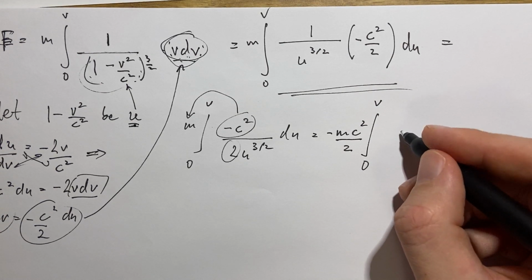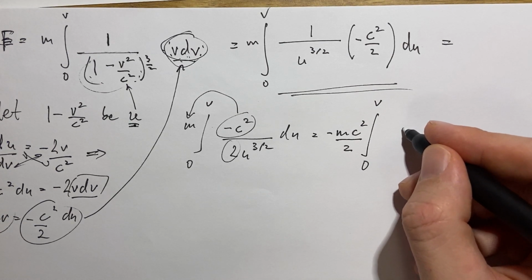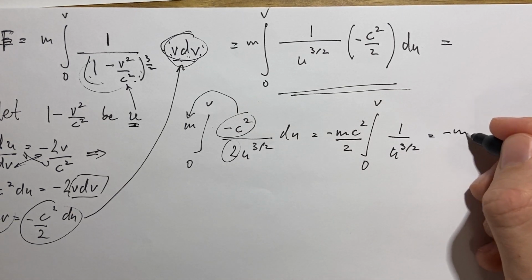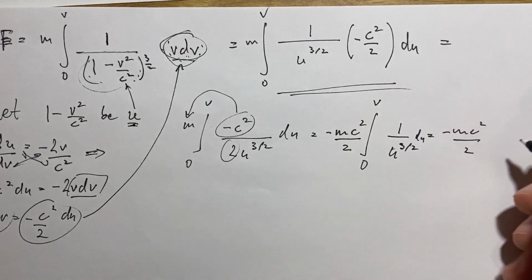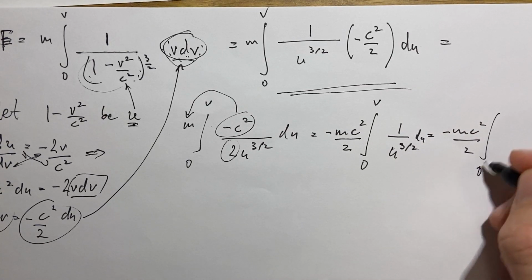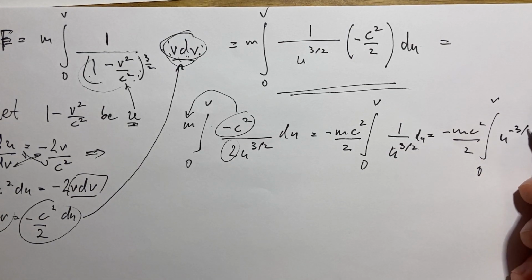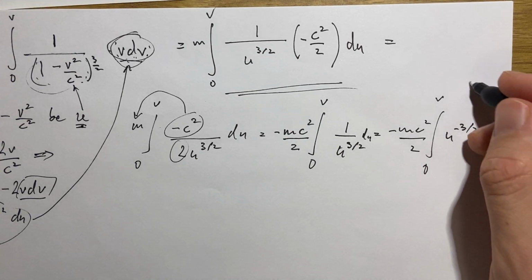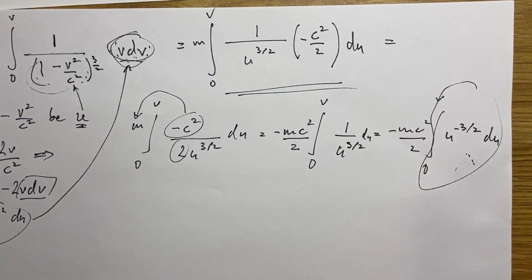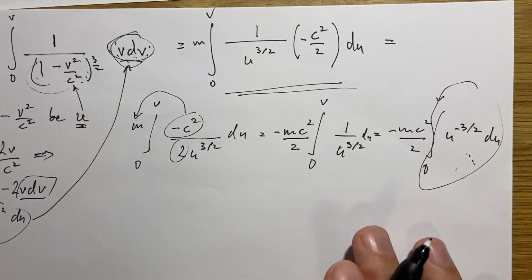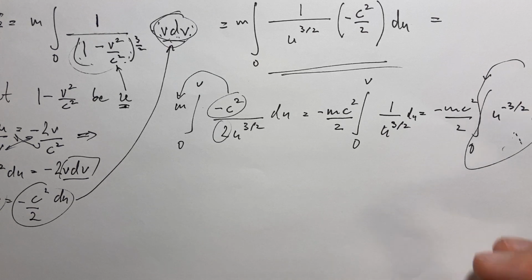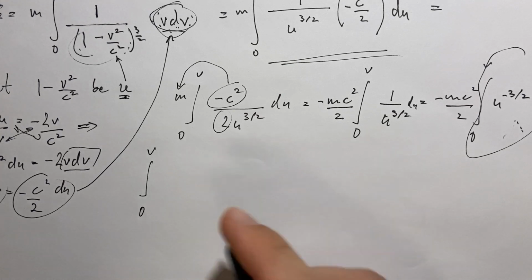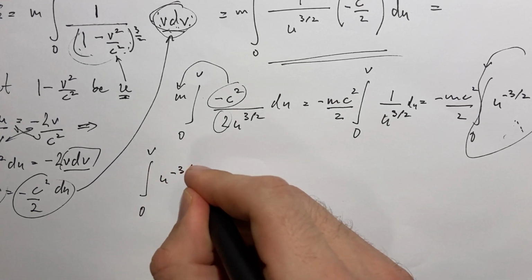And that will be minus mc squared divided by 2 times the integral of u to the power of minus 3/2 du. Yeah, this actually looks like something that we can integrate quite easily. I don't think that will be any problem at all.